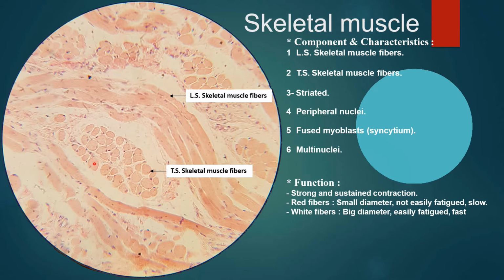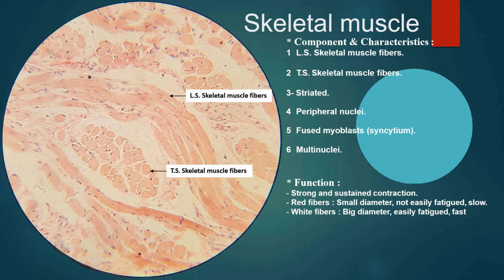Some sections have nuclei but some have not. They are striated due to the dark and lighter bands, having peripheral nuclei, cylindrical in shape, and the covering of the muscle, as you know, is called the sarcolemma.